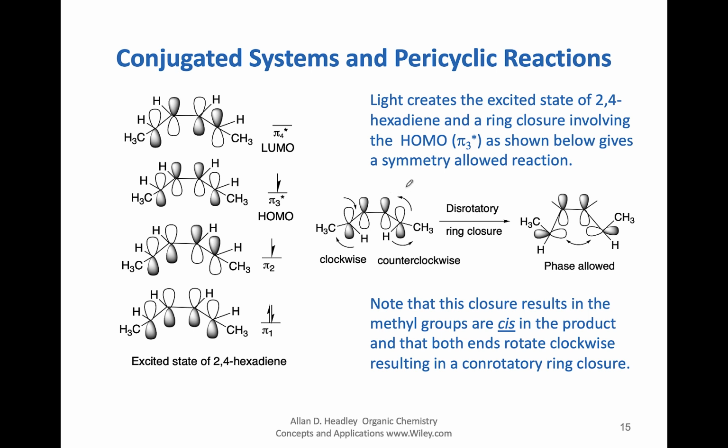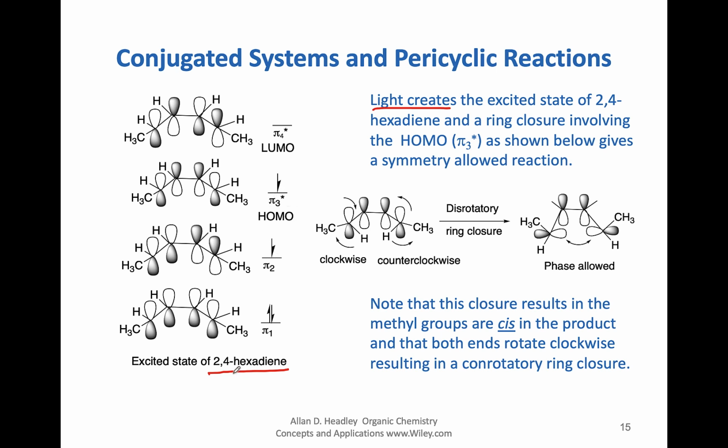If we now have the excited state of 2,4-hexadiene, how do we create the excited state? We create the excited state by providing energy in the form of light. Light of specific wavelength will promote an electron from the HOMO, as shown before in the ground state, to here.